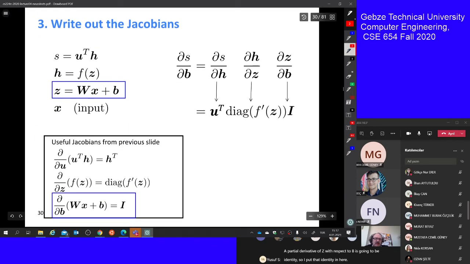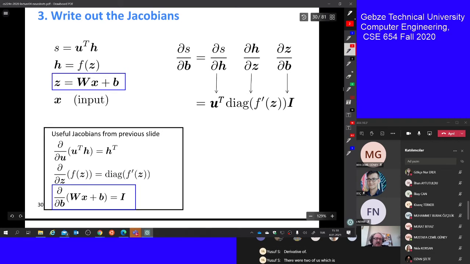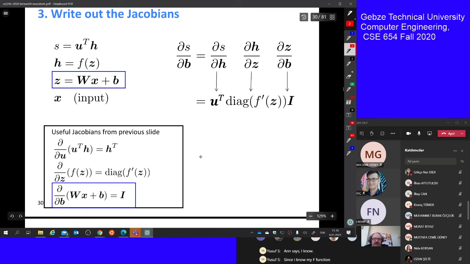Okay. So I found it, right? I found the derivative of S with respect to B. Okay. And since I know my F function, what is my F function?